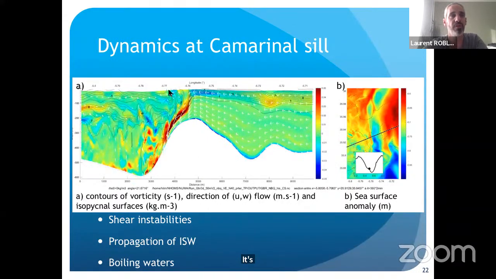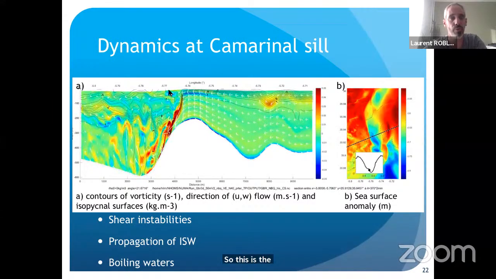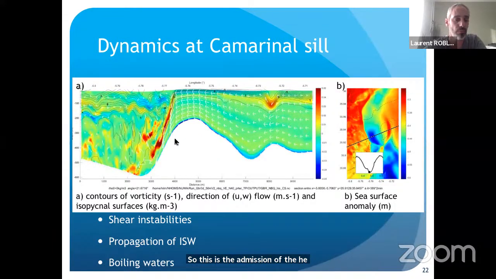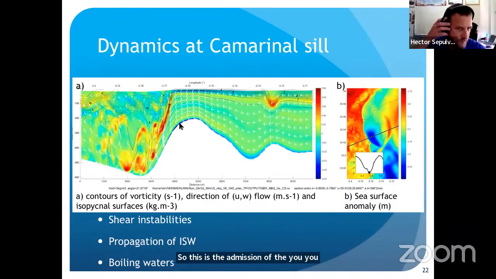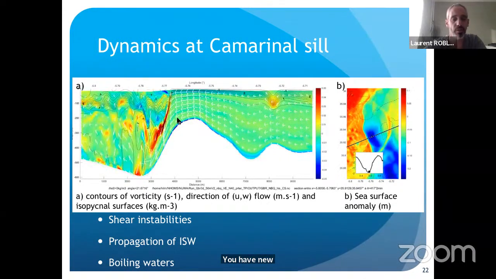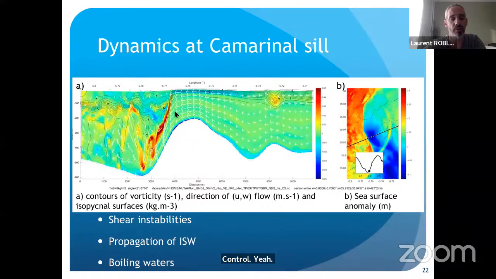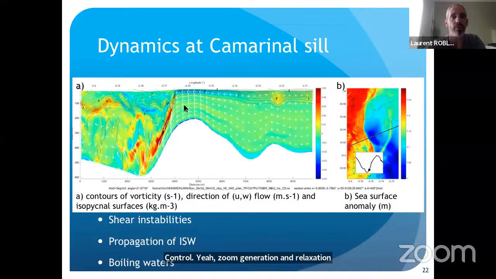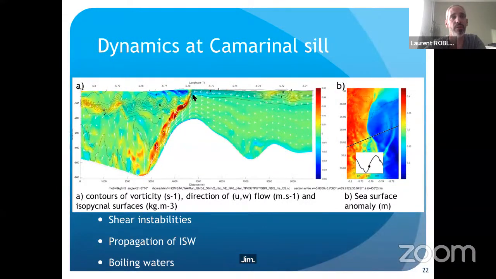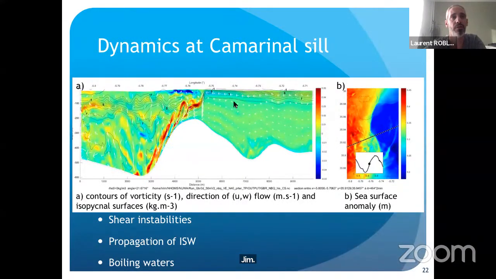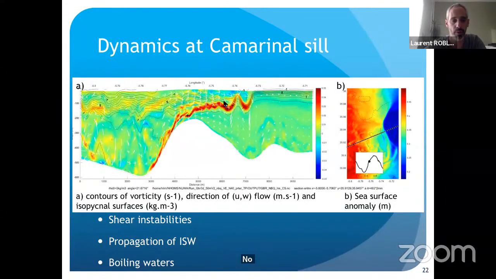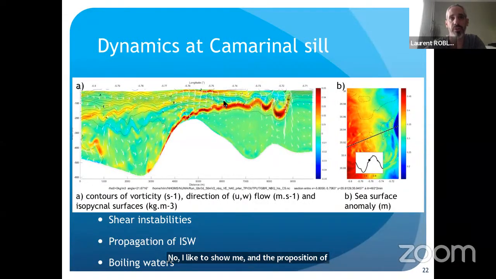So this is the animation of the control of the flow over each tidal period. You have the hydraulic control here, then the generation and the relaxation of the hydraulic jump. You can see now the relaxation and the propagation of larger amplitude internal solitary waves.